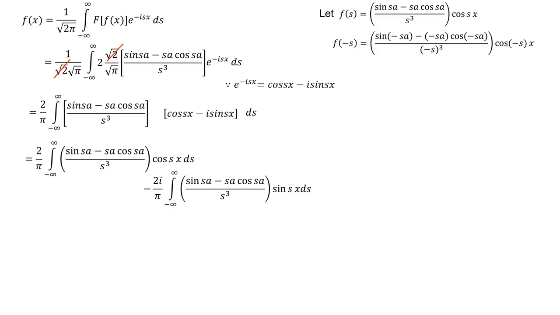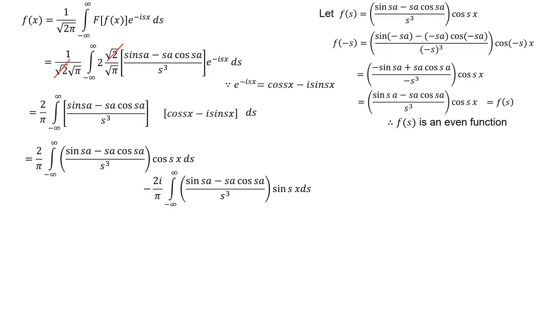Here sin of minus theta is minus sin theta, so we get minus sin sa, and cos of minus theta is cos theta only, but minus into minus is plus sa cos sa, divided by minus s the whole cube, which is minus s³, and cos of minus theta is again cos theta, so it is cos sx. So taking minus outside and cancelling with the minus in the denominator, we get sin sa minus sa cos sa by s³ into cos sx. This is nothing but our f of s.